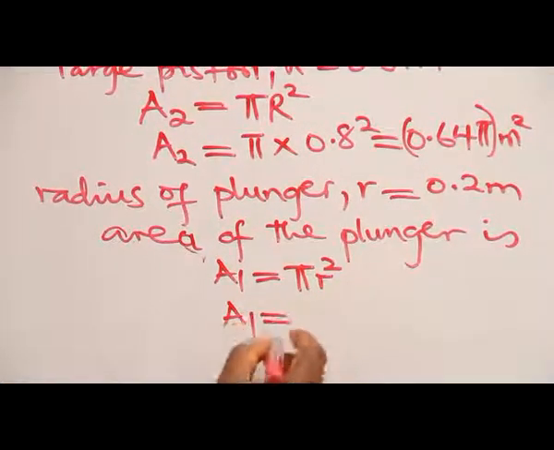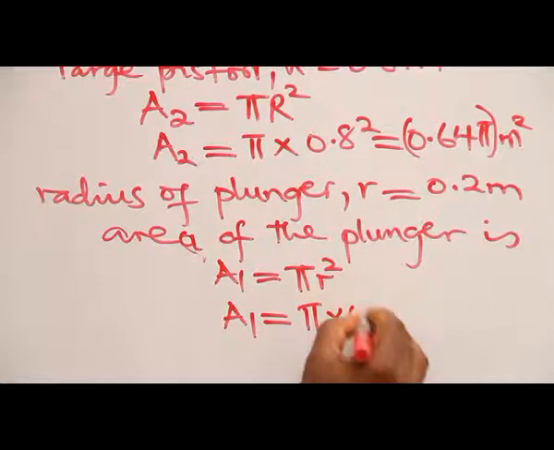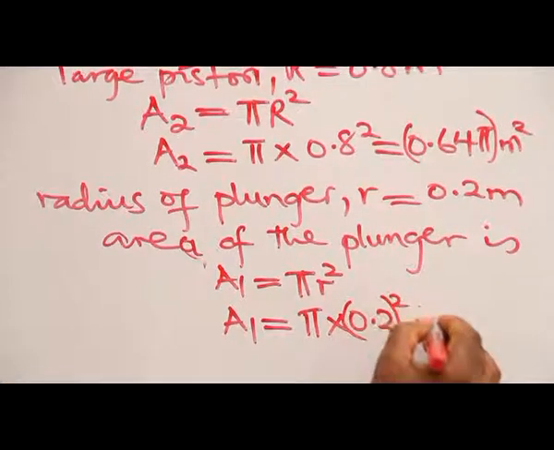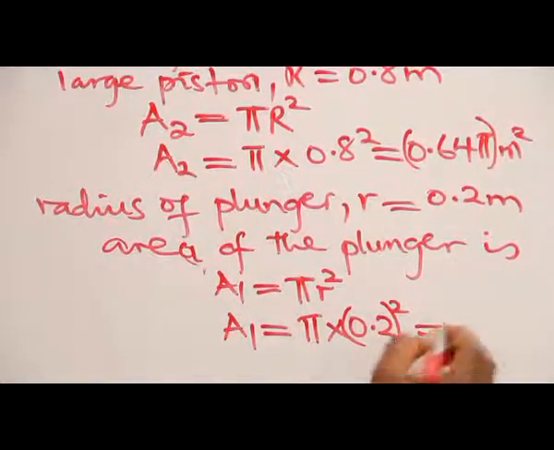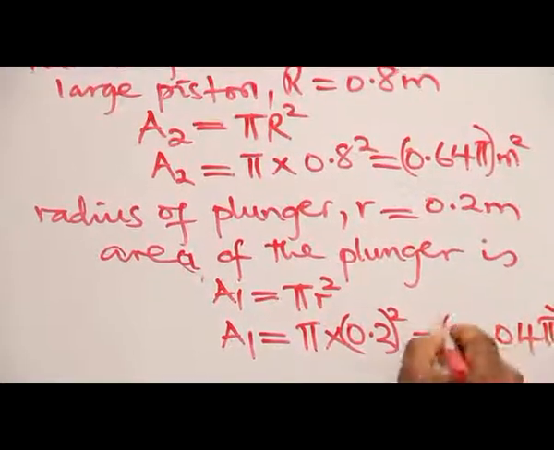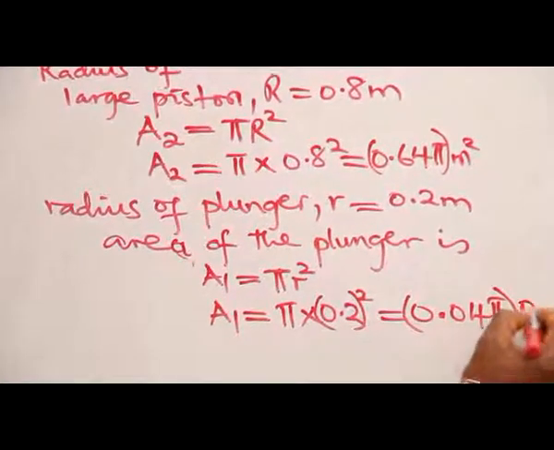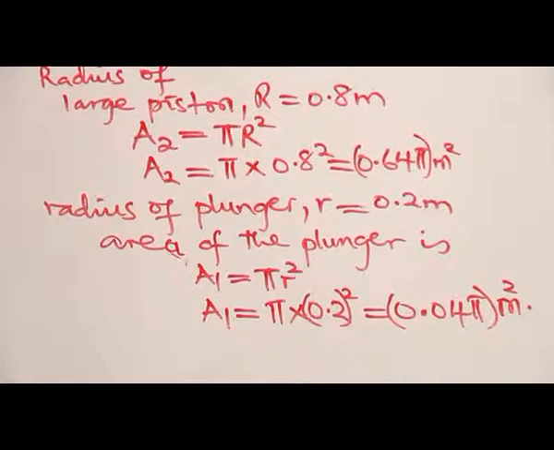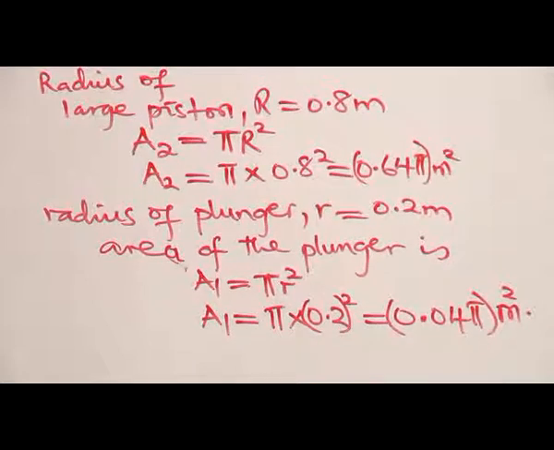That area is equal to pi times 0.2 squared. And this will give us 0.04 pi meter squared. That's the area of the plunger.